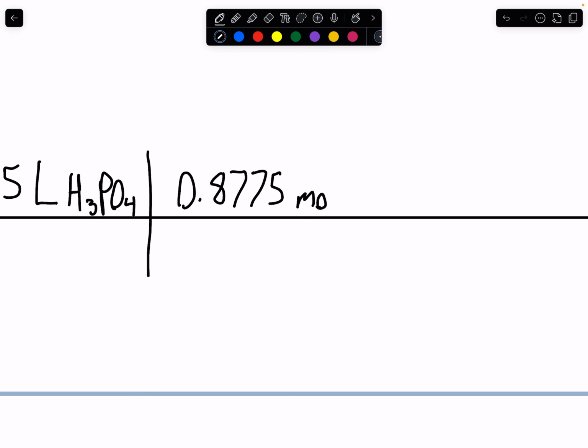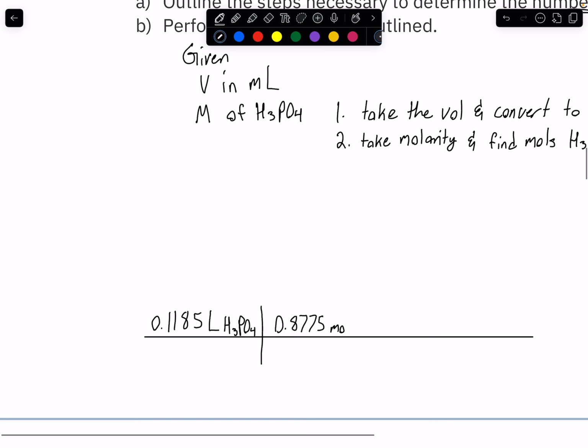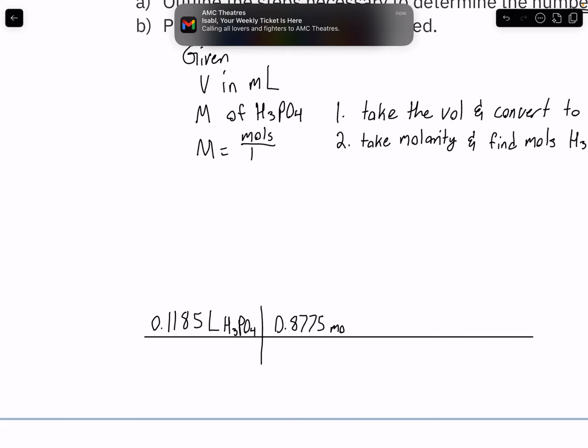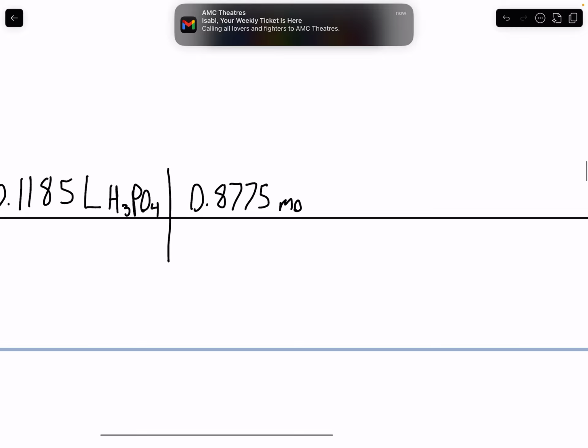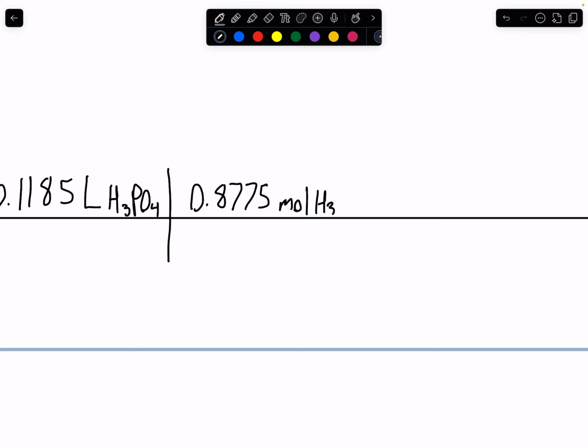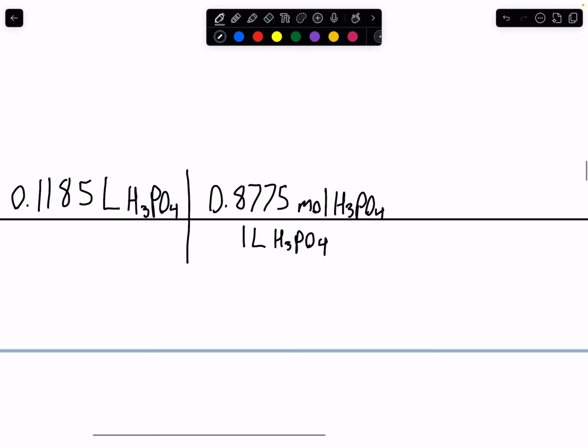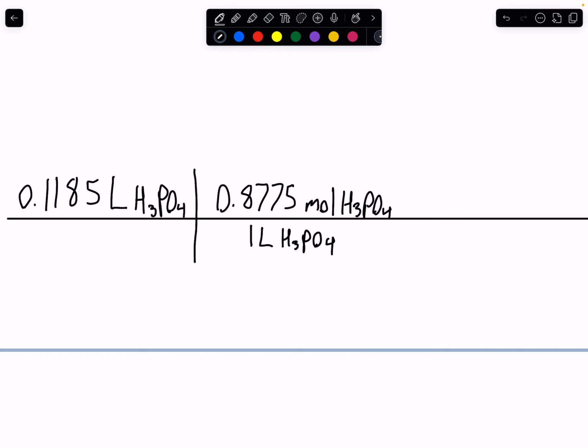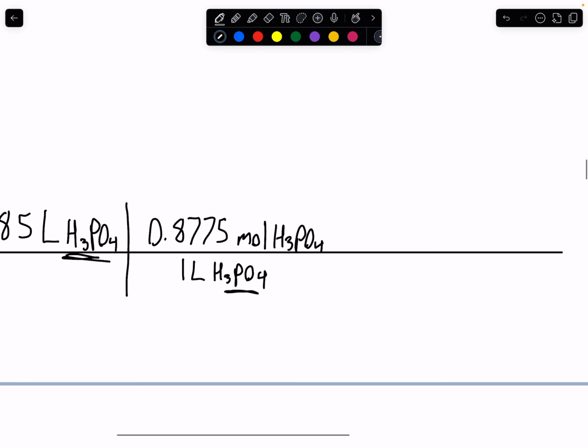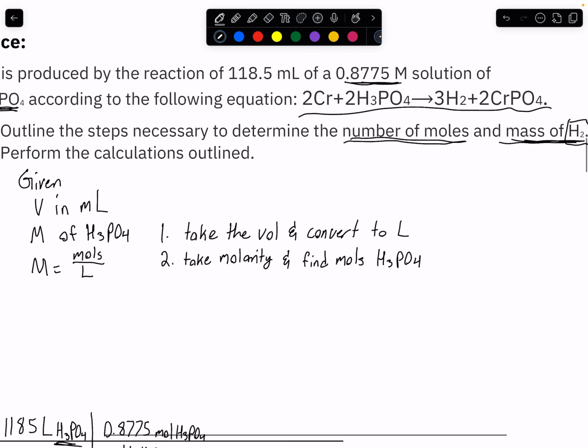And we're going to say that's moles because we know molarity, big M, equals moles of a substance over liters of a substance. So we know this is how many moles of H3PO4 are in 1 liter of H3PO4. More often than not, you're just going to leave the liters by itself because we know that this is how many liters of the substance we have, and then this is how many liters are in the molarity. We know that it's always 1 liter per however many moles.